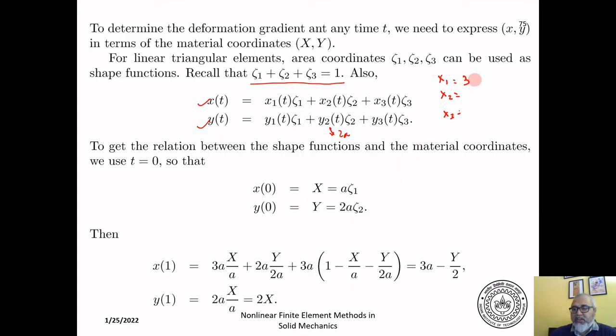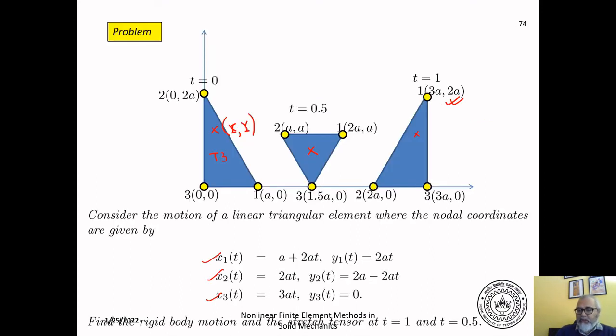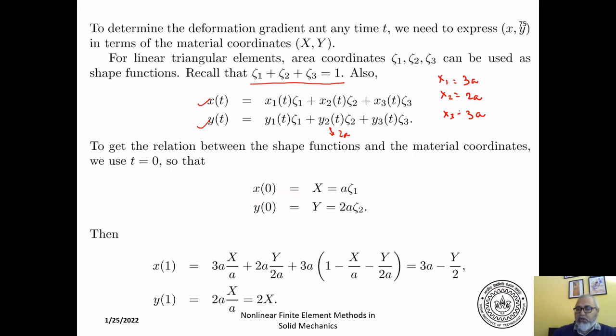So this is 3a, this is 2a, this is 3a, right? And y1 is 2a, y2 is 0, y3 is 0.